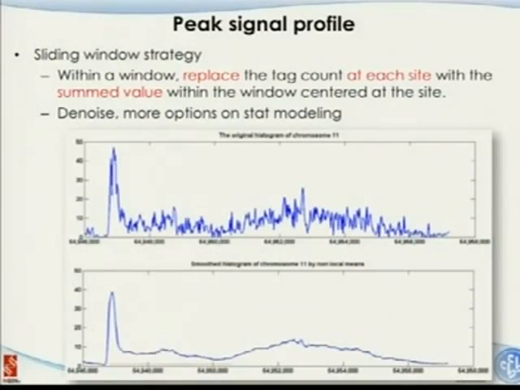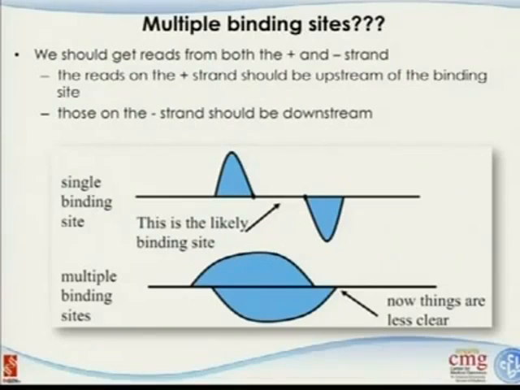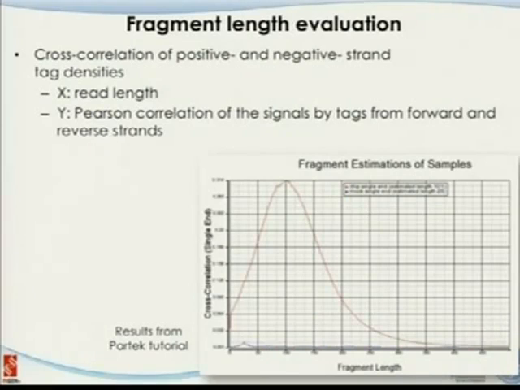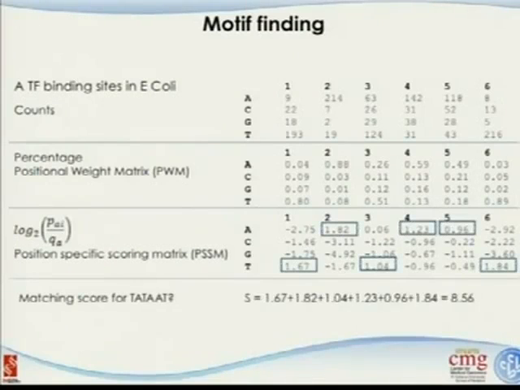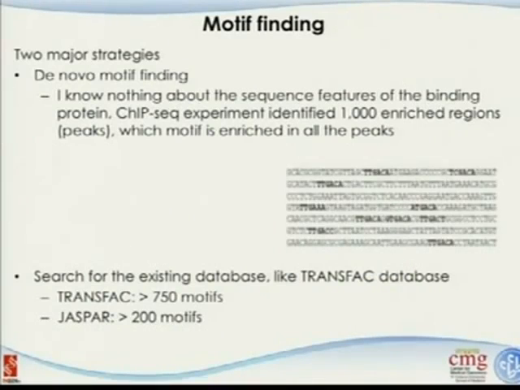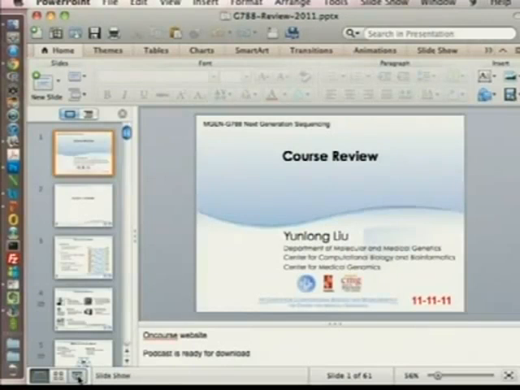These are the things you can go back to. The sliding window strategy can denoise the signals, and there are multiple binding sites. The last one was fragment length evaluation based on computational approaches, and motif finding. These are the things that I hope you will appreciate and which are important, and some of them we will have in the exam.